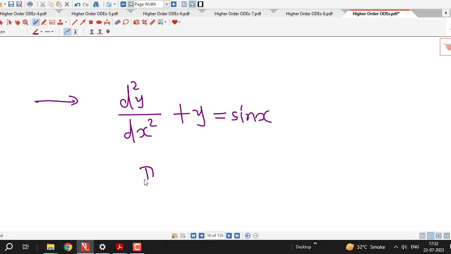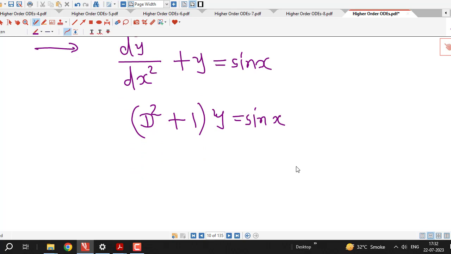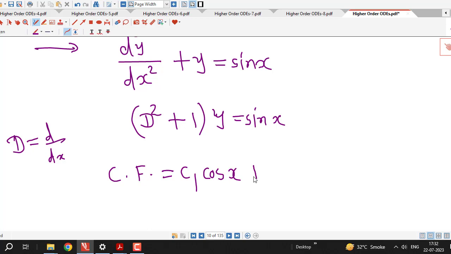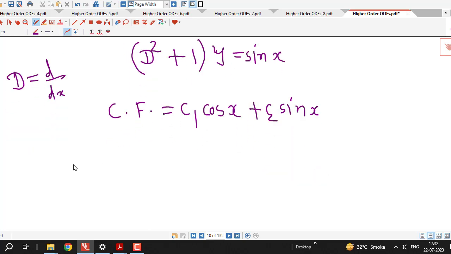And this I have to write as D squared plus 1 y equals sin x. For shortcut methods we are writing in this form, where capital D denotes d by dx. The complementary function is already obtained, so I am writing here c1 cos x plus c2 sin x, and I am finding the particular integral using the shortcut method.